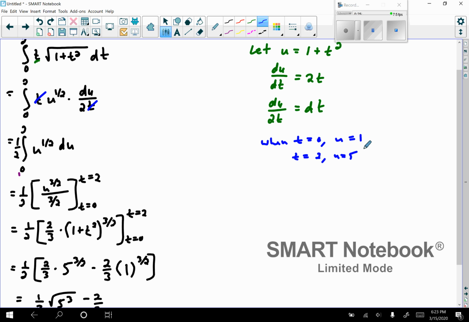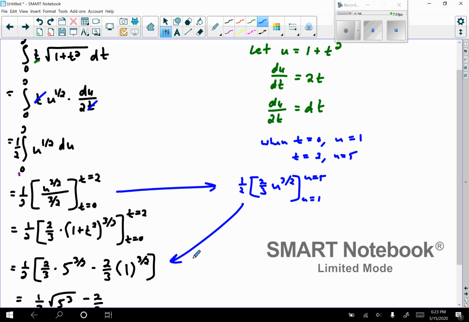So then what we would do is at this step right here, this could become 1/2, and we get 2/3 u to the 3 halves, and then we say u equals 1 to u equals 5, and that takes us directly there. So that saves a step or two sometimes as the alternative way, just cutting that part out.